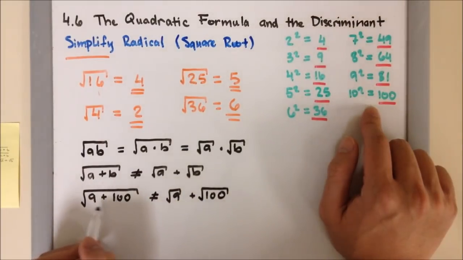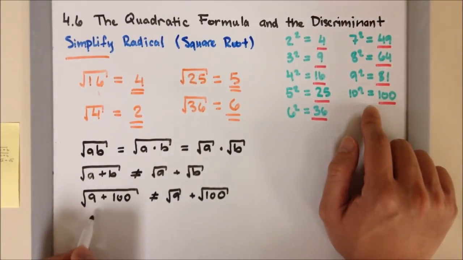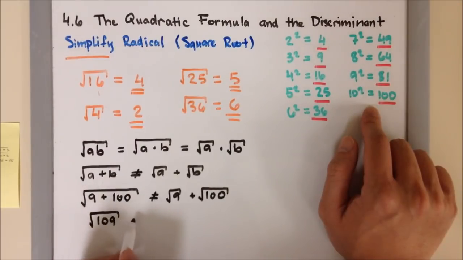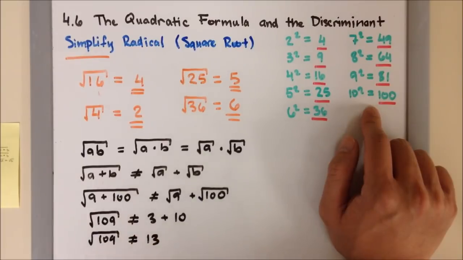If I add these two numbers, 9 plus 100 is 109. The square root of 9 is 3, the square root of 100 is 10, but the square root of 109 does not equal 13.